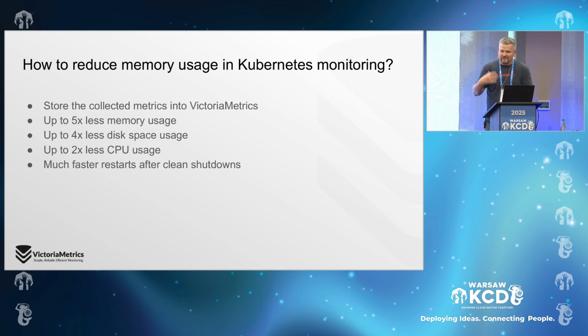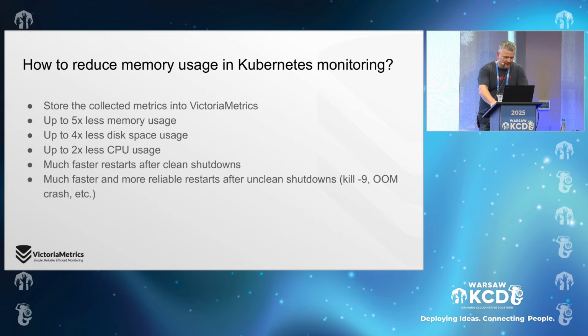It is important to have low restart times, and Prometheus isn't good in this case if you collect a lot of metrics. VictoriaMetrics restarts literally 100 times faster than Prometheus.